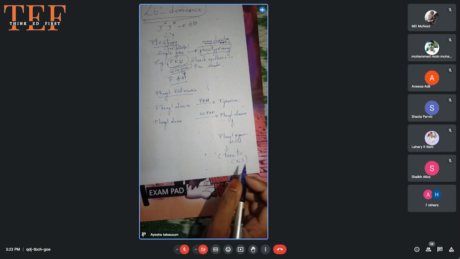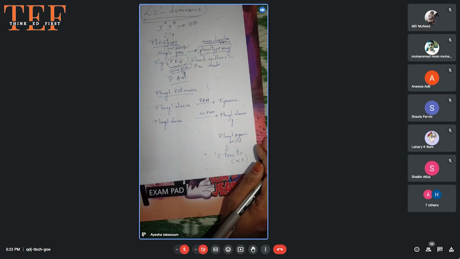That's why they become mentally retarded. There will be reduction in hair, skin pigmentation and many problems.